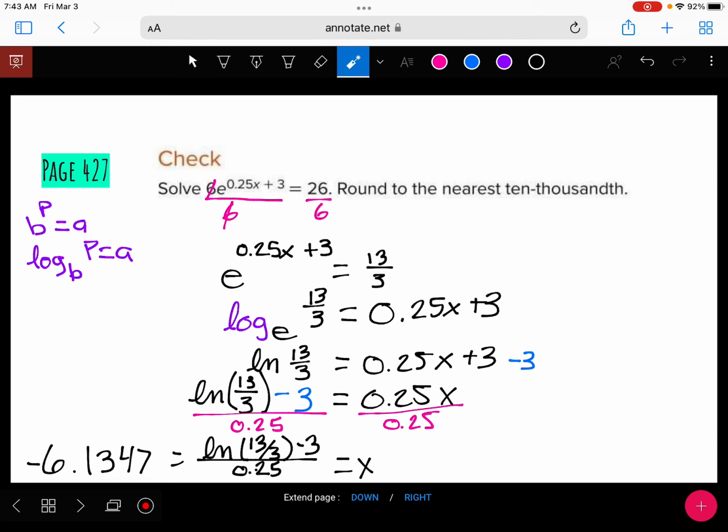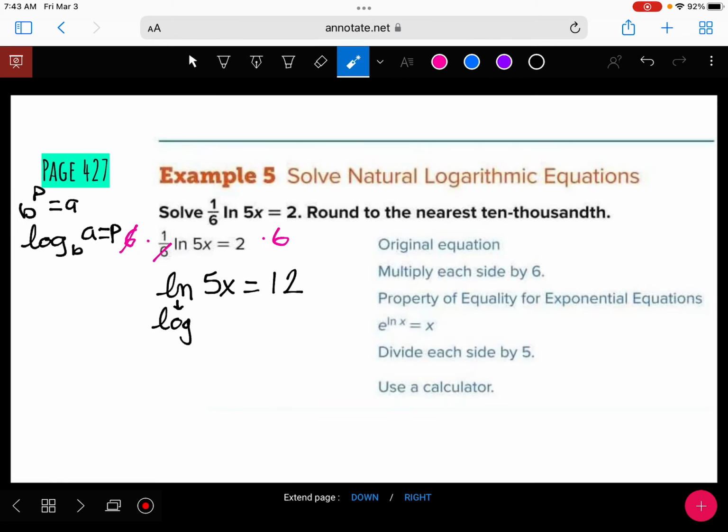So ln has a log base e. So it's the same thing as log base e of 5x equals 12. So we could put it in exponential form. If we switch it around like that, we're going to get e to the 12th equals 5x.